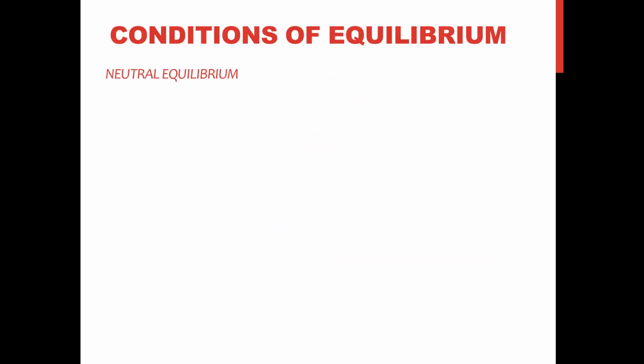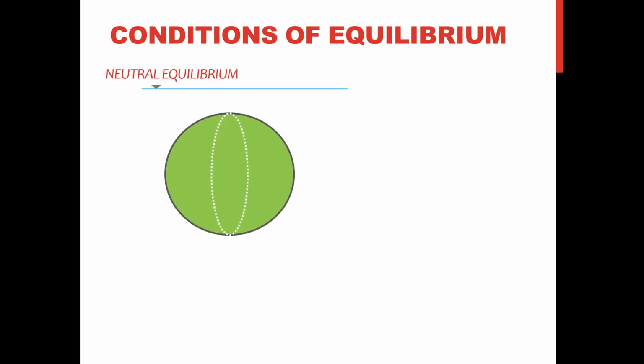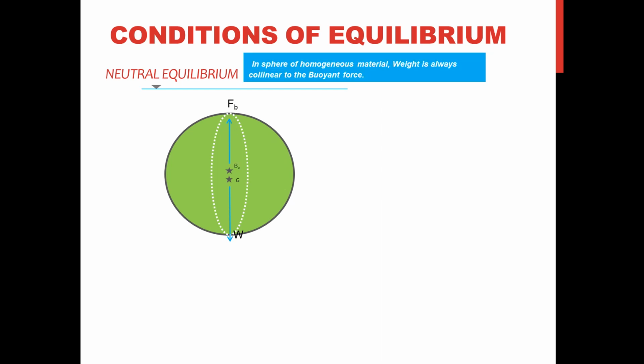So the last condition of equilibrium is as here. Just the same, it will have G and W and the center of buoyancy with the buoyant force. Basically, no matter how you tilt that one, G and BO will have the same location.